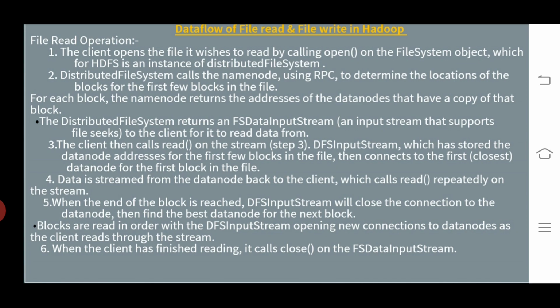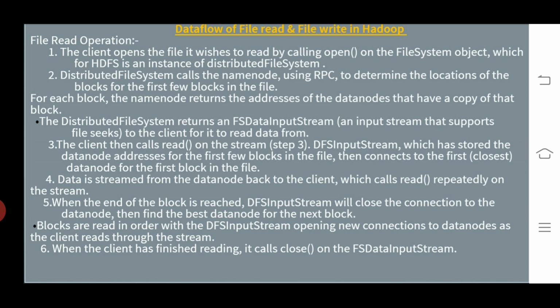First of all, the client opens the file it wishes to read by calling the open function on the file system object, which for Hadoop file system is an instance of distributed file system.